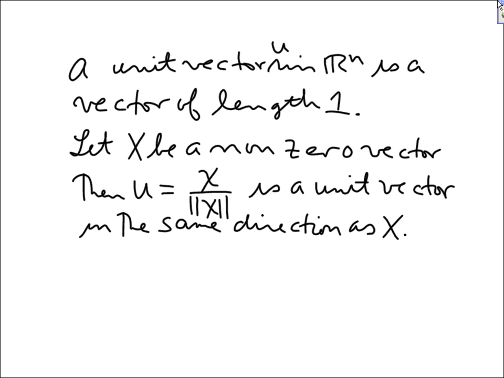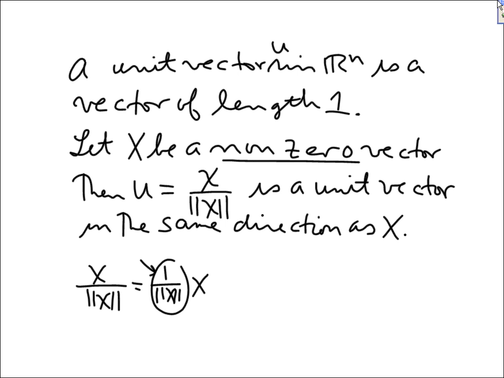Because x divided by the length of x is 1 over the length of x times x. And 1 is a positive number, and we said x is non-zero, so the length of x is positive. If the top is positive and the bottom is positive, this is positive. If you multiply the vector x by a positive scalar, it's going to be in the same direction.